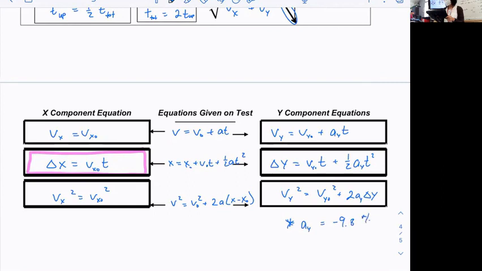We know that, right? And time is the same in both dimensions. So oftentimes you use one dimension to figure out the time, and then you take that time value and plug it into your other dimension equations. Okay.